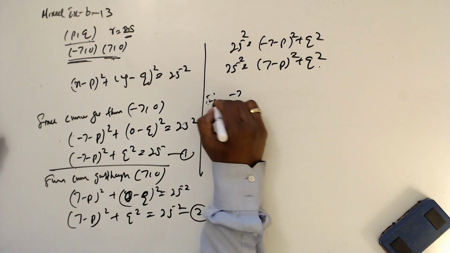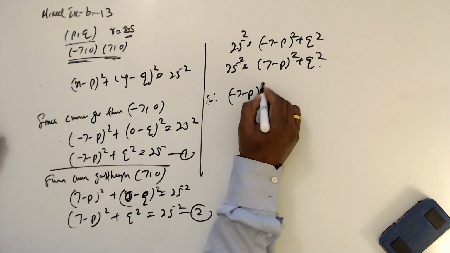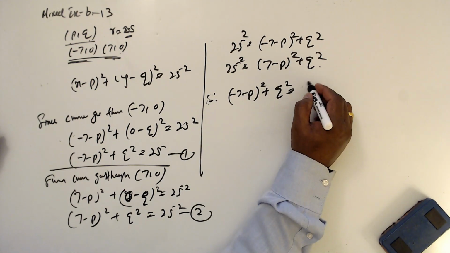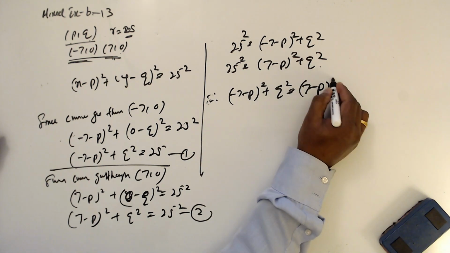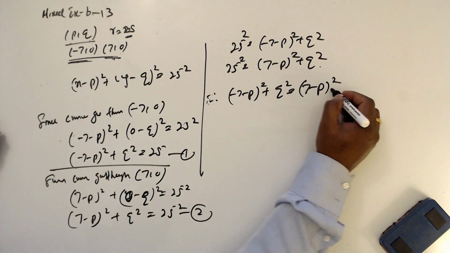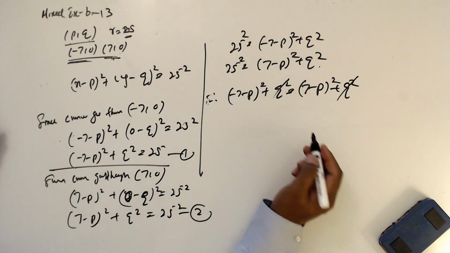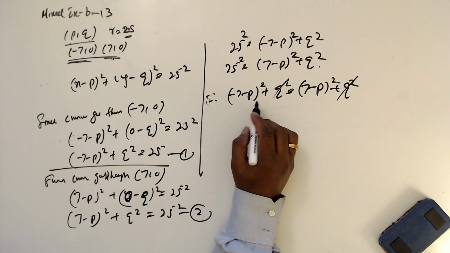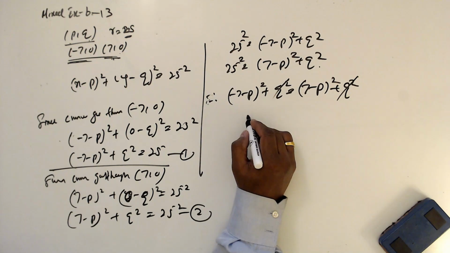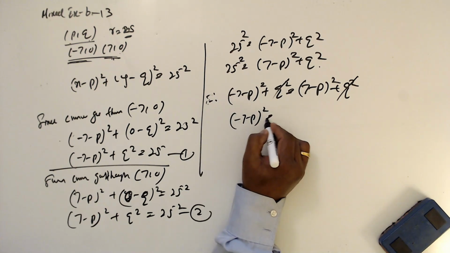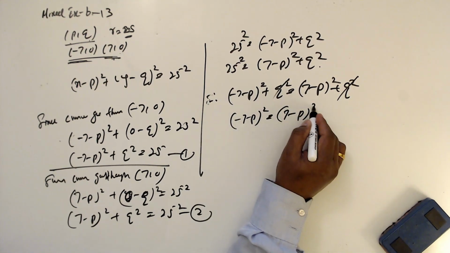Hence (minus 7 minus p) squared plus q squared equals (7 minus p) squared plus q squared. The q squared cancels out. This is (minus 7 minus p) squared equals (7 minus p) squared.